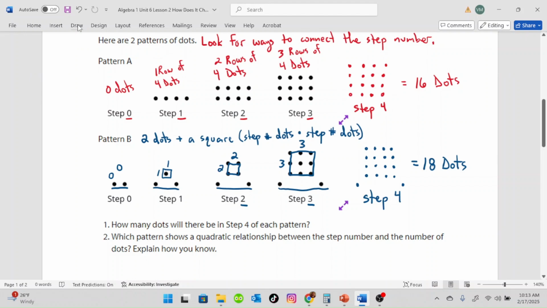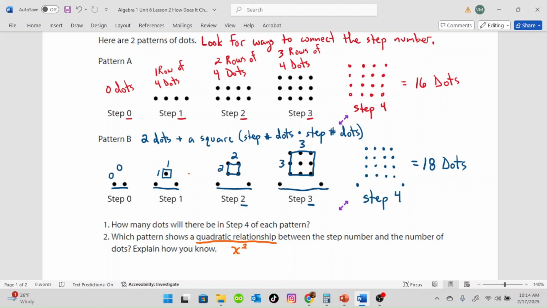Number 2, which pattern shows a quadratic relationship between the step number and the number of dots? Explain how you know. Well, a quadratic relationship is going to have an x squared.